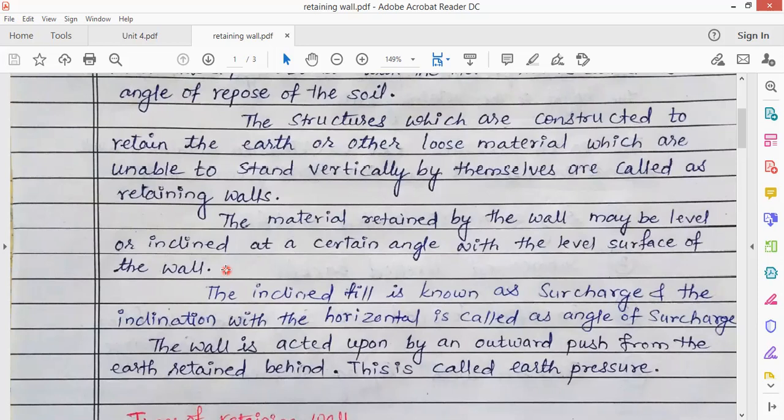This inclination is called the angle of surcharge. And the wall is acted upon by an outward push from the earth retained behind, which is called earth pressure. What is earth pressure? It is the pressure exerted by the soil behind the vertical member, that is, the retaining wall.